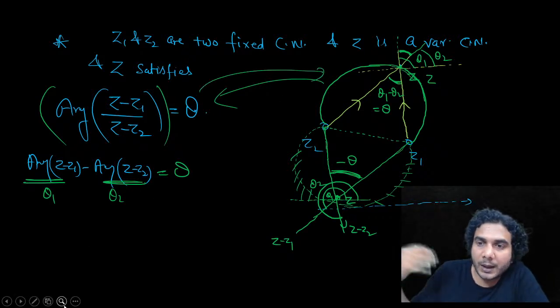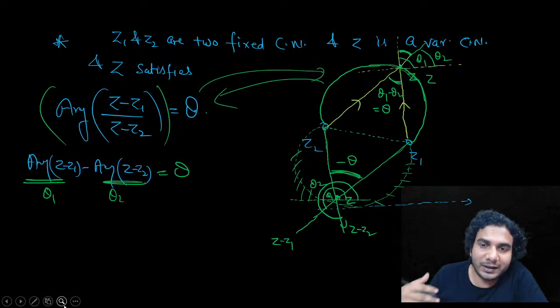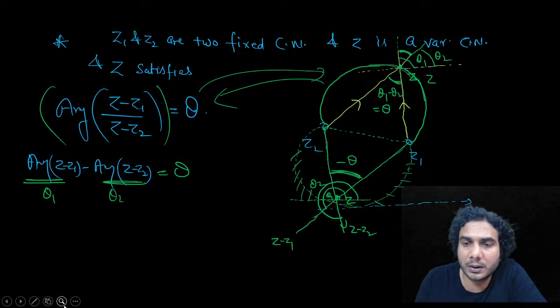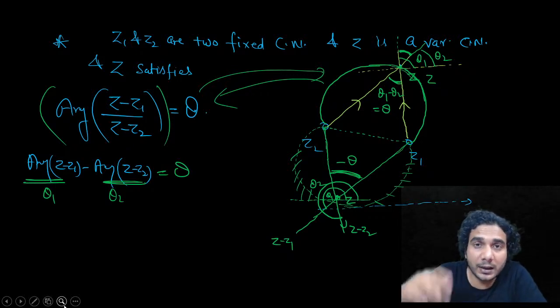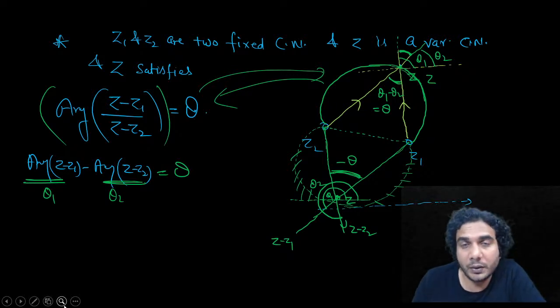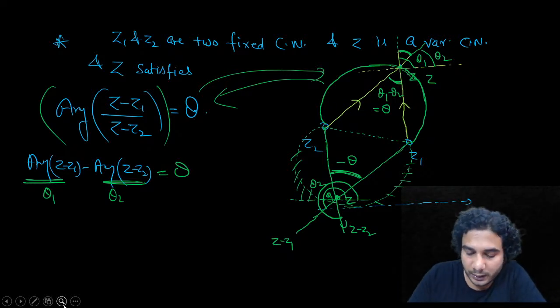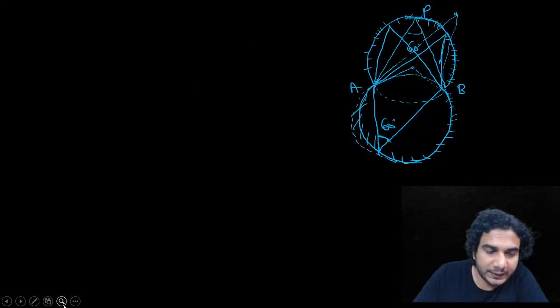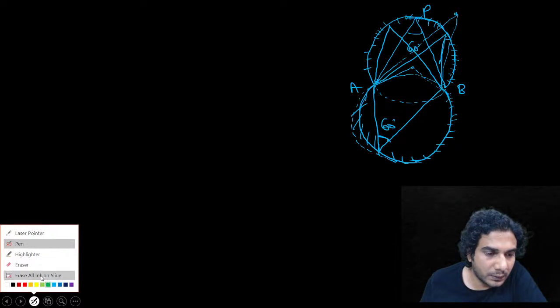Whether it will be above or below the segment joining Z1 and Z2, and whether it is major or minor, you have to check in the question. I'll give you some examples, and we can check which particular arc will be our answer.